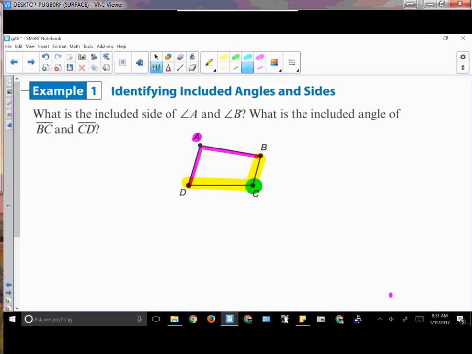If I wanted to take care of B, that would end up being side BC and side AB. So the angle is always formed by the two sides that create it, that come together at its vertex.